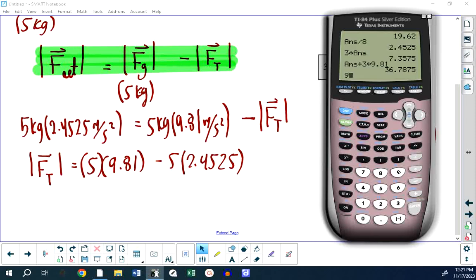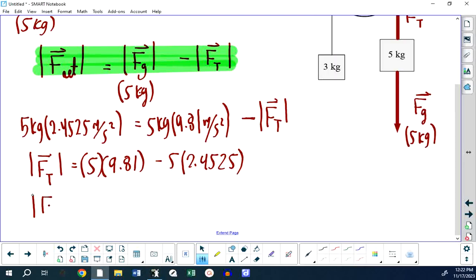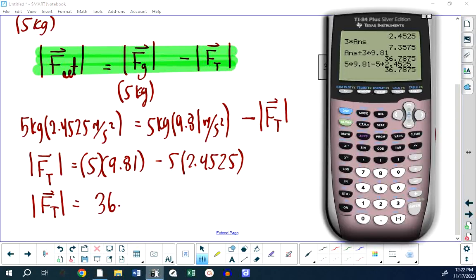So 5 multiplied by 9.81 minus 5 multiplied by 2.4525 gives me, and this is why I wanted to keep all my units, gives me the exact same answer. So the tension in the string, regardless of which mass you're using, is approximately 36.7875 newtons.